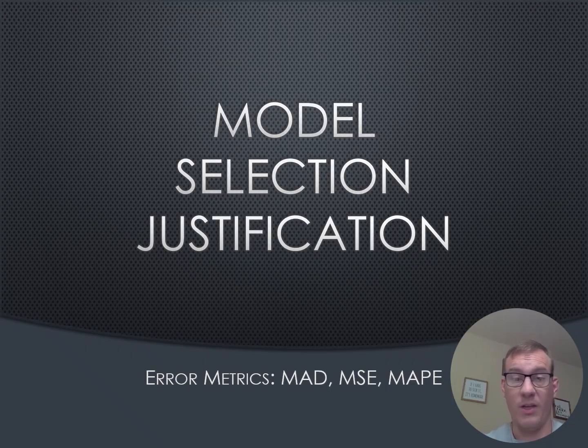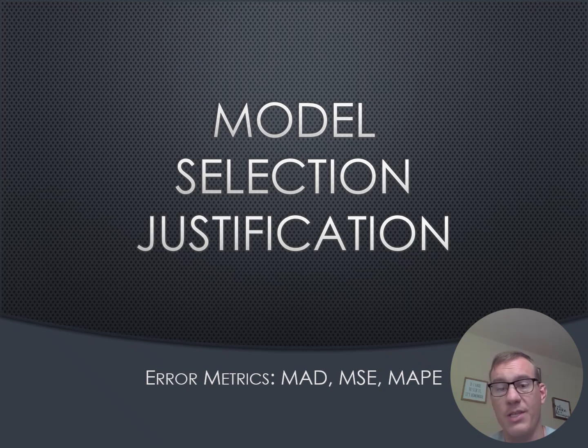So, justification. We looked at the MAD, MSE, and MAPE. We used those as standard forecasting metrics, and overall, it was all over the place depending on the average forecasting, whether you're using 5-day, 7-day, any of that.